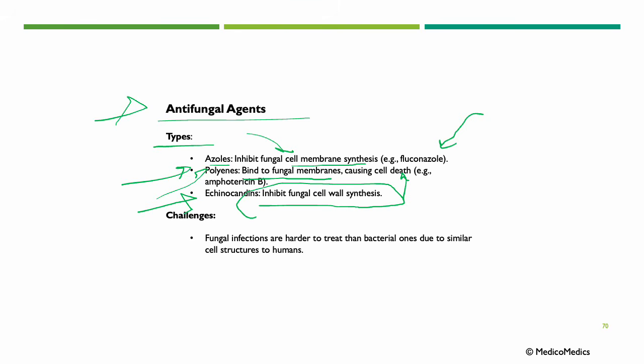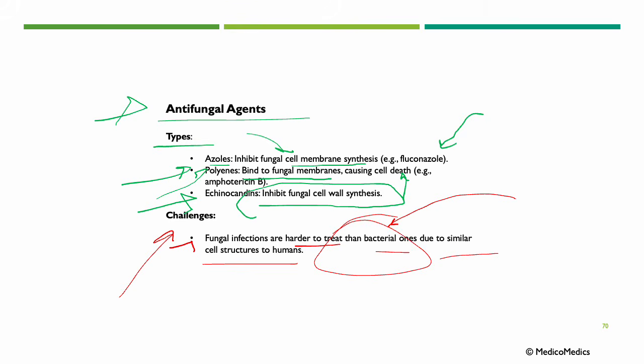And if you remember, we talked about challenges, right? It says fungal infections are harder to treat than bacterial ones due to cell structures similar to human cells. Do you remember some specific things in bacteria that make it easier to target and differentiate from human cells?